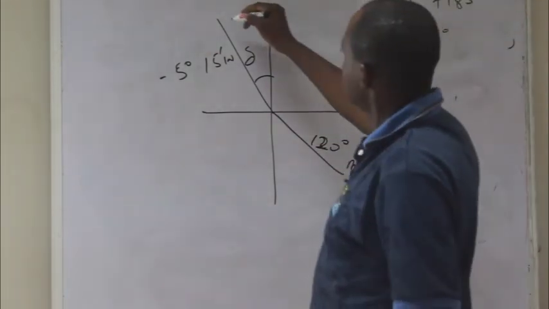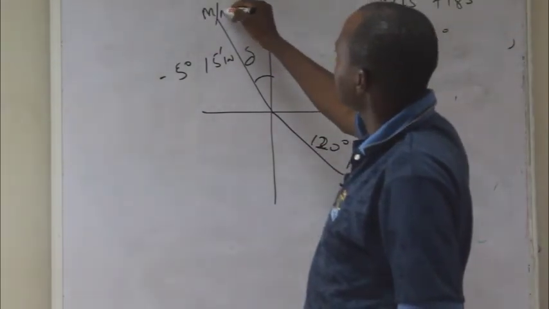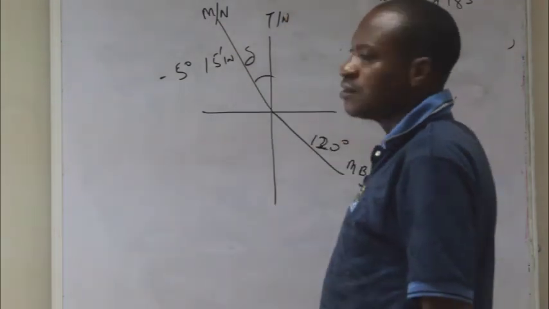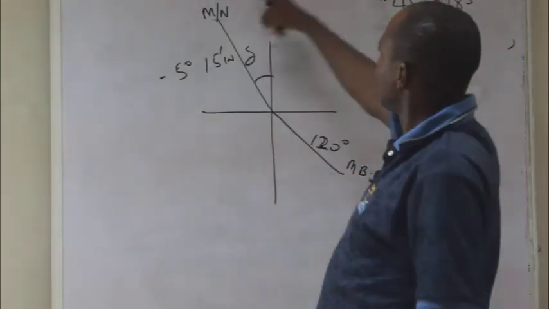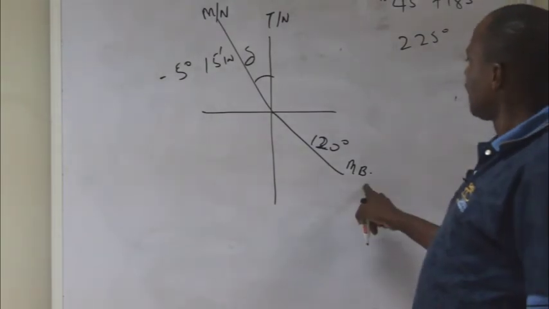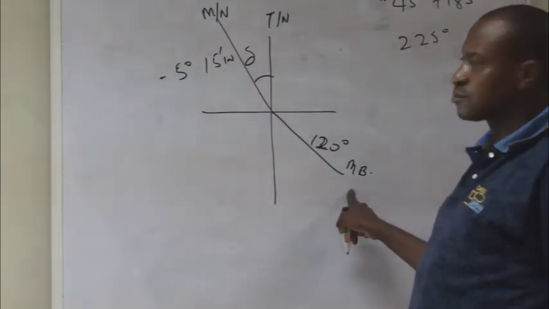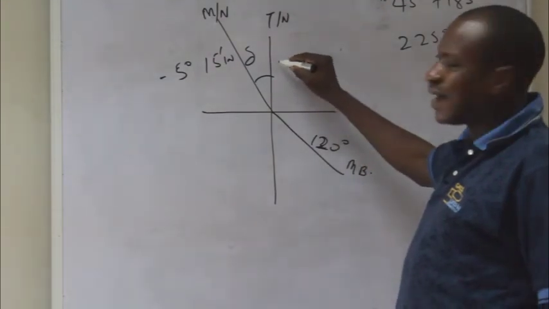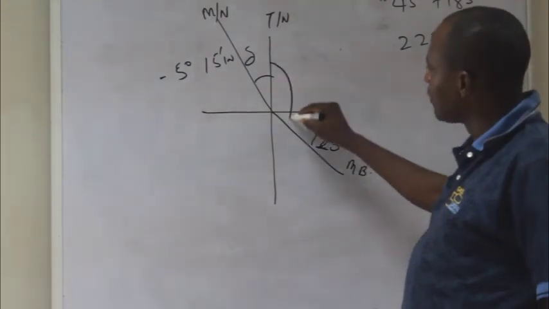So it means that the magnetic north is here, while the true north is there. Magnetic north is this, true north is there. And magnetic bearing is given as 120 degrees. So what is going to be the true bearing? True bearing will be the angle taken from here to this place.